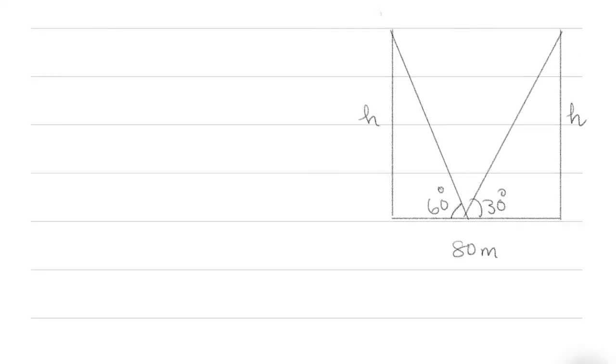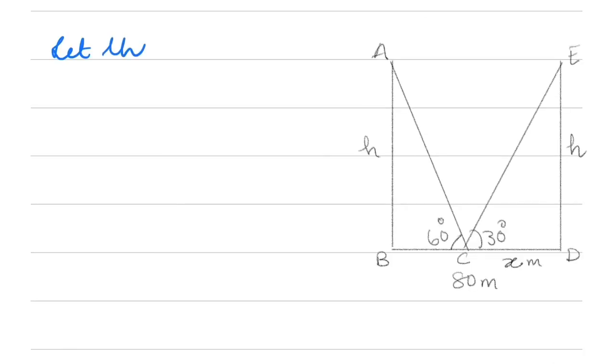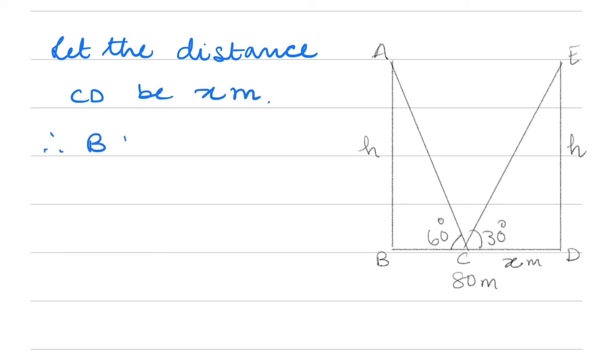Let's name these vertices A, B, C, D and E. Let the distance CD be X meter. Therefore, BC will be equal to 80 minus X meter.